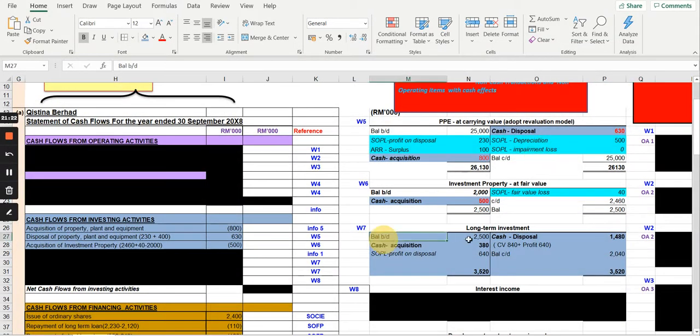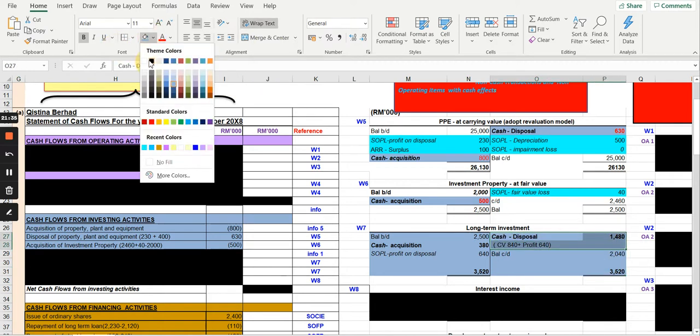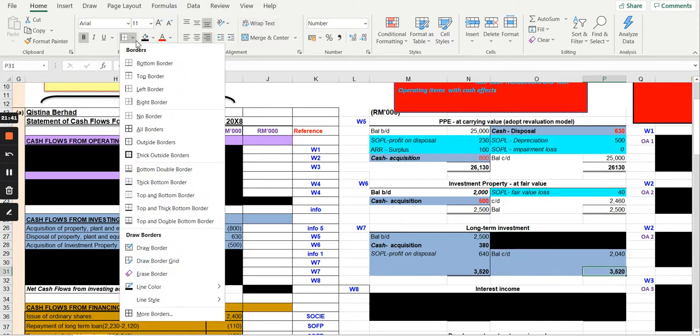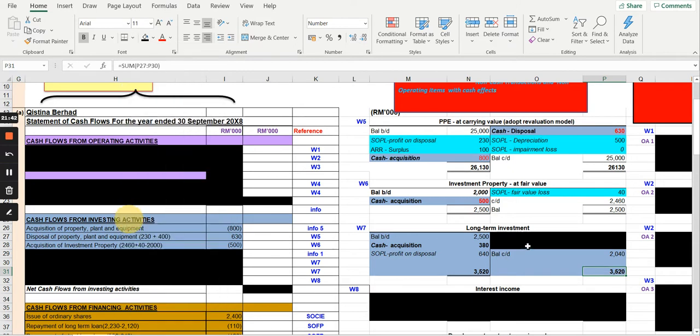So here we put the balance. I've done that. This one we put the balance. I've done that part. Okay, put the balance. This is the total, because the total to here is from the information given here.